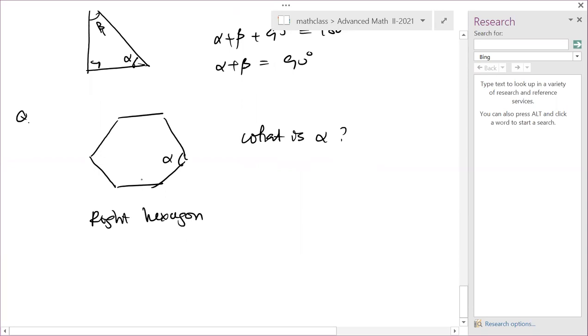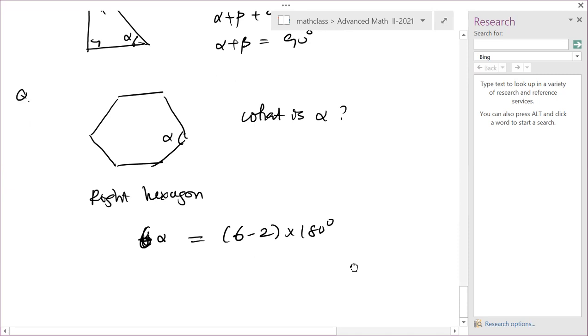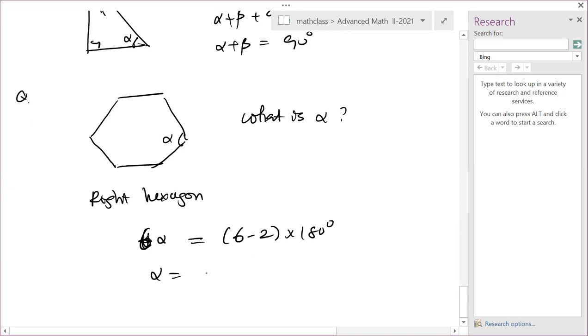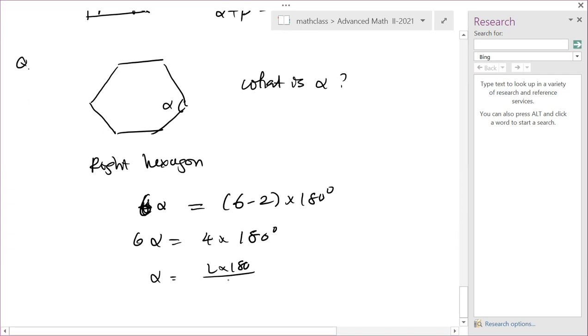So you have 6 identical angles, so 6 times alpha. This is the sum of the interior angles, which is going to be 6 minus 2 times 180 degrees. So alpha is going to be 4 times 180 degrees divided by 6.